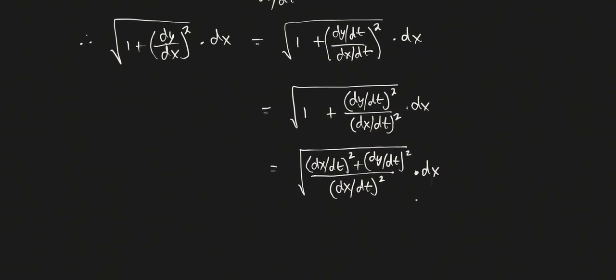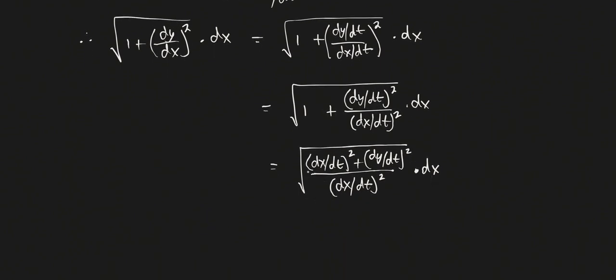So what's going to happen? Now I have the square root of a single fraction, so I can take the square root of the top over the square root of the bottom. I take the square root of dx dt squared plus dy dt squared over, and since the bottom is a perfect square, the root goes away.